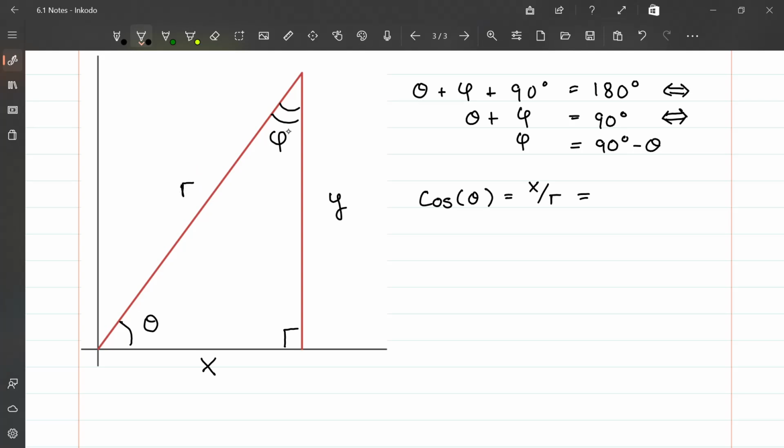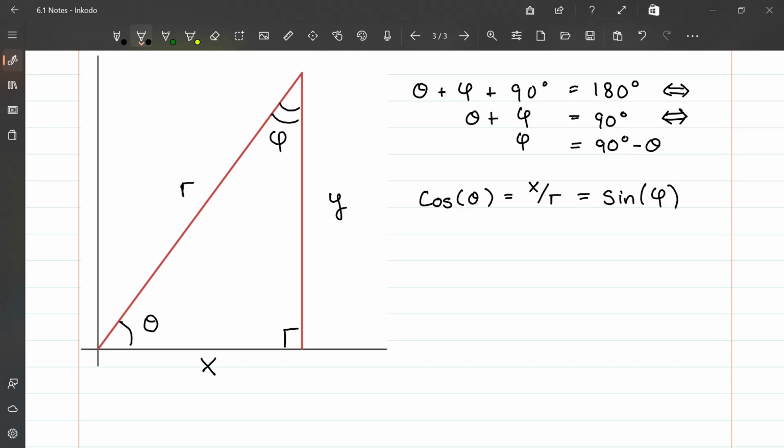So actually, that fraction x divided by r, if we come from the upper corner, would be the same thing as what we get from sine. Remember, sine is opposite over hypotenuse. So when I take cosine of theta or sine of phi, I get exactly the same result.